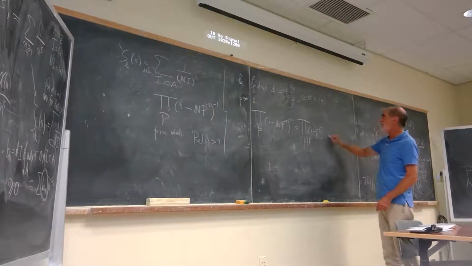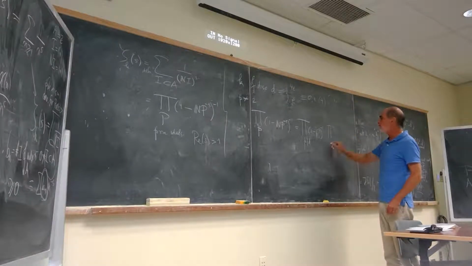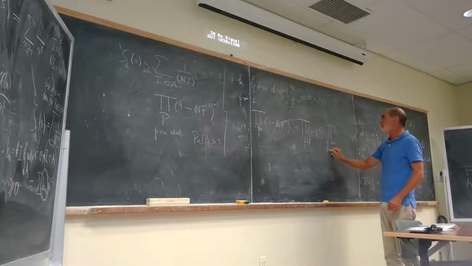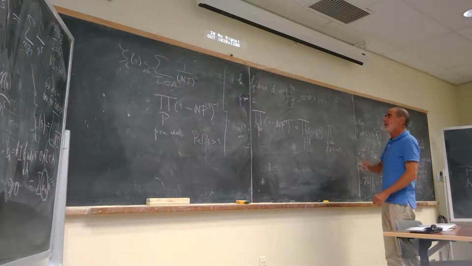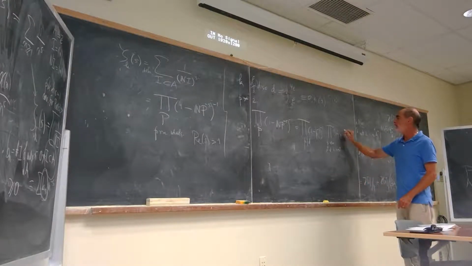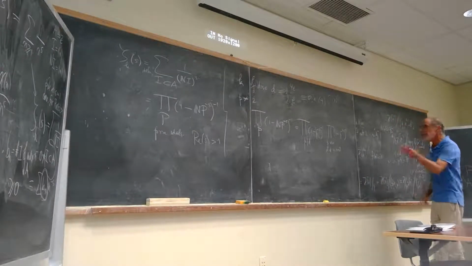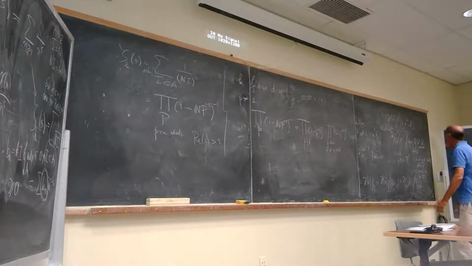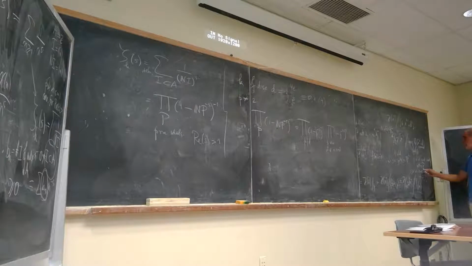And then I get the product of the P where x squared minus D is irreducible of 1 minus P to the minus 2S inverse. Because there's a unique prime dividing the rational prime P, and it has norm P squared.